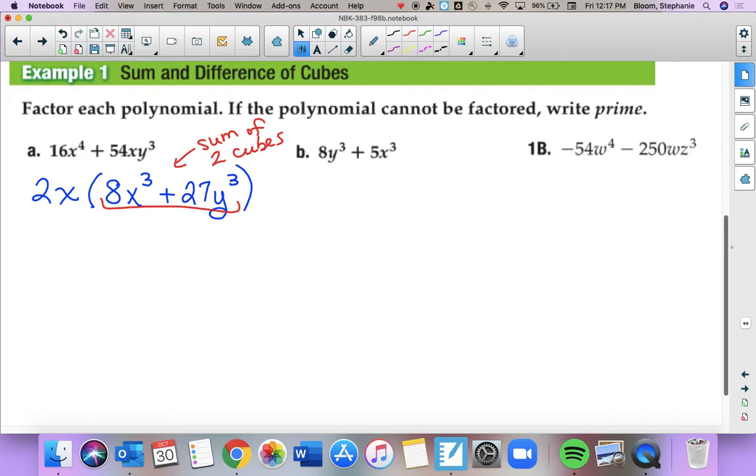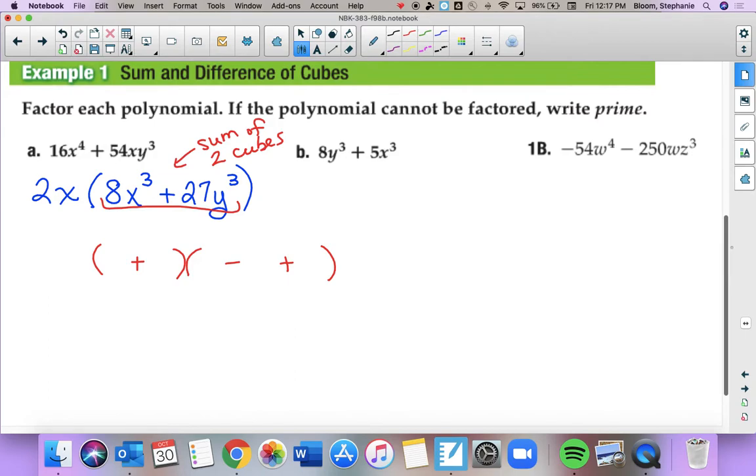So the formula up above for a sum is you're going to have a binomial with a plus sign, right? And then I'm going to have a trinomial, and I'm going to have a minus and a plus, okay?